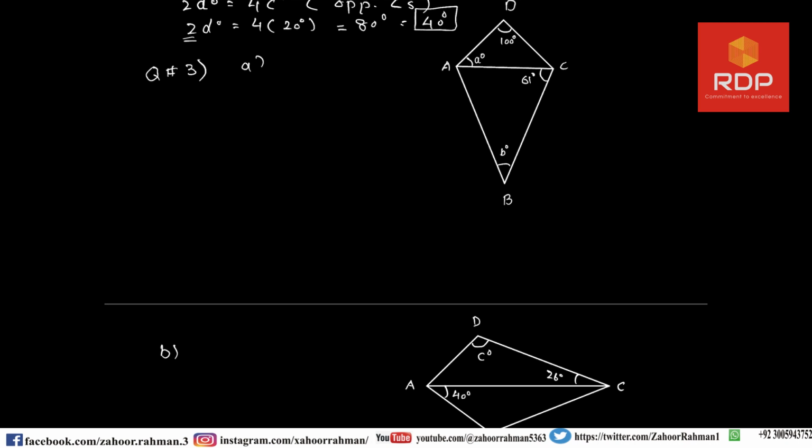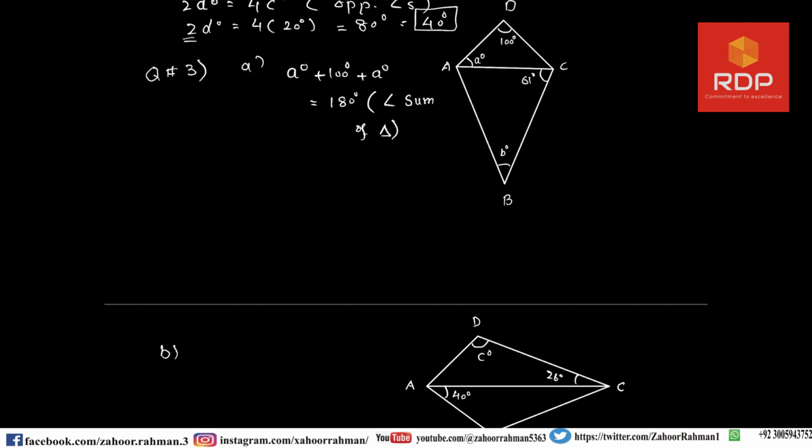We can say, according to the properties, that A degree plus A degree plus 100 degree is equal to what? That will be equal to 180 degree, and we are writing it as angle sum of triangle.